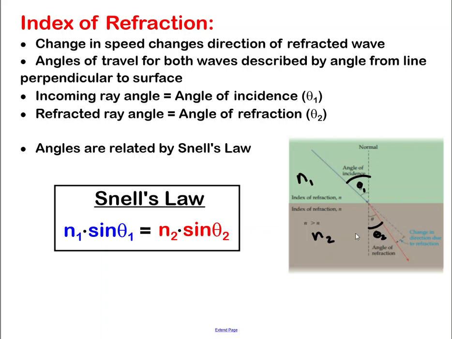So this equation allows us to predict the angle at which light will bend as it goes into that new medium. Why would we want to do that?